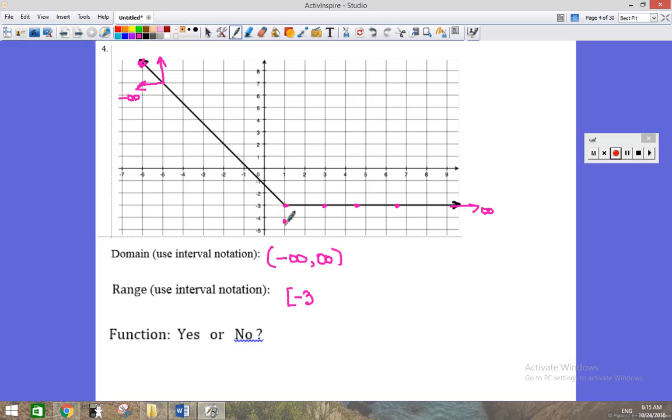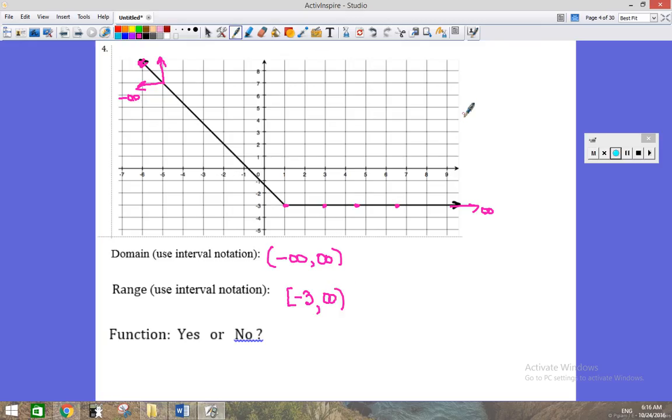Here's a point where the y coordinate's less than -3, but it's not on the graph. We're interested only in the points that are on the graph, and specifically for the range, the y coordinates. So the minimum value is -3, and then it's going all the way up to +infinity.